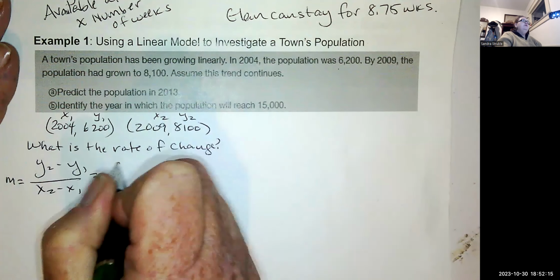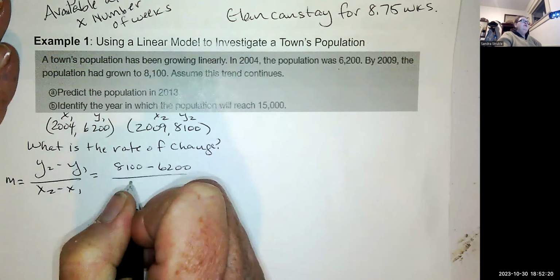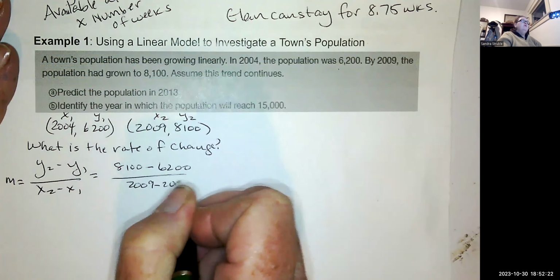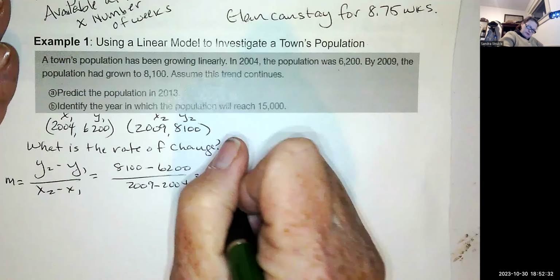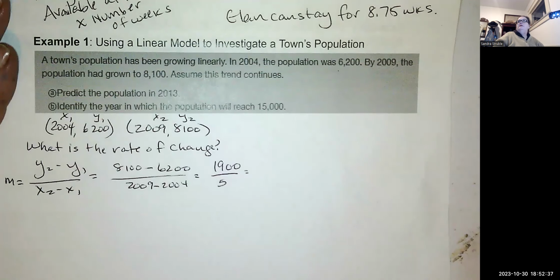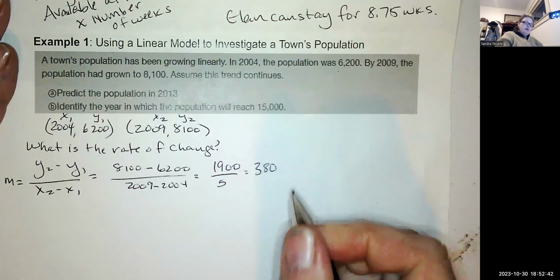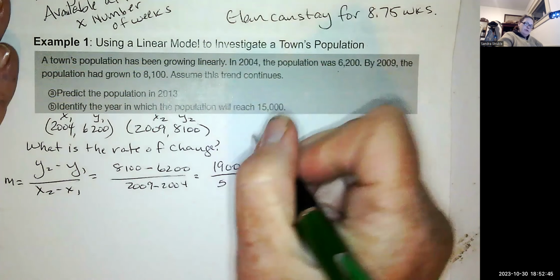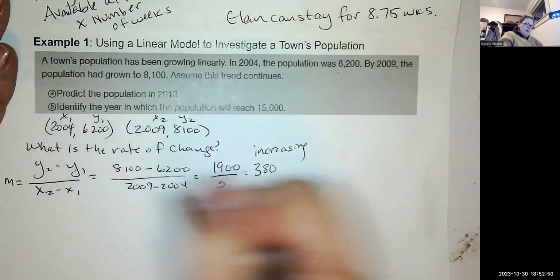Y sub 2 is 8,100 minus y sub 1, which is 6,200, over 2009 minus 2004. 8,100 minus 6,200 is 1,900 divided by 5. 380. So the rate of change is increasing by 380 per year for the population.